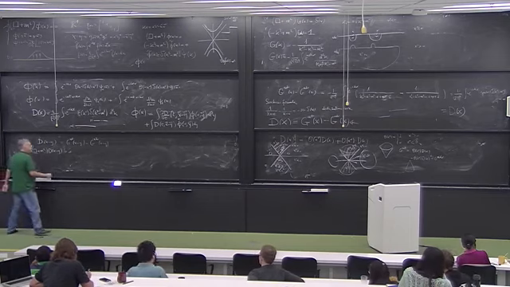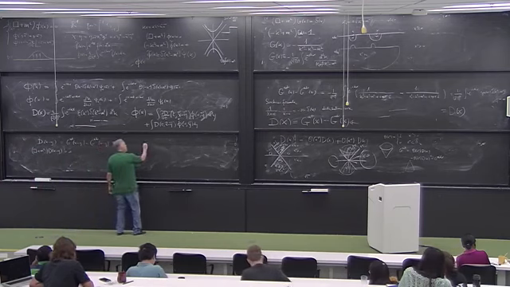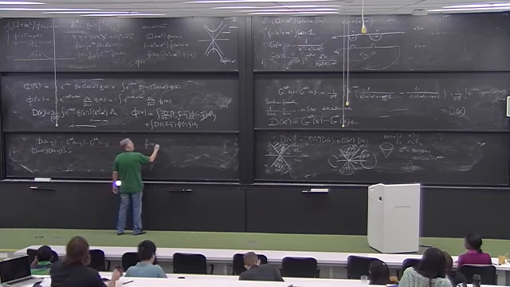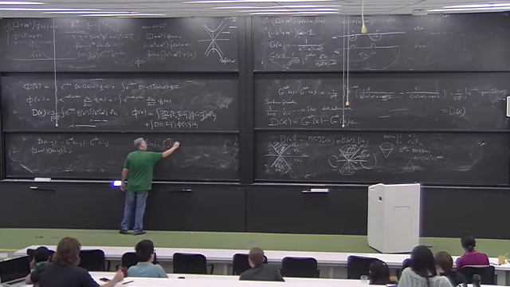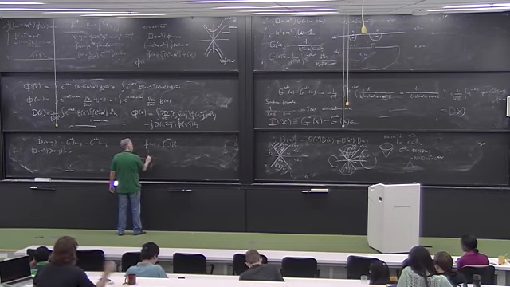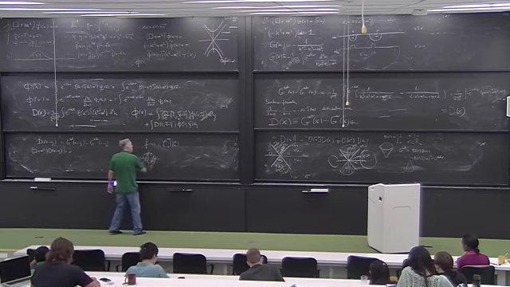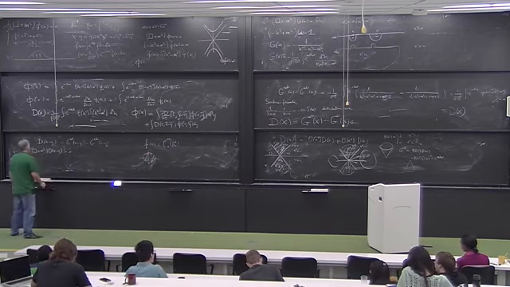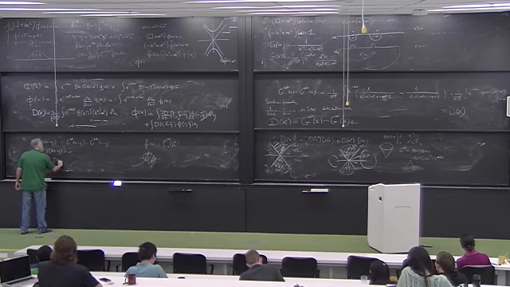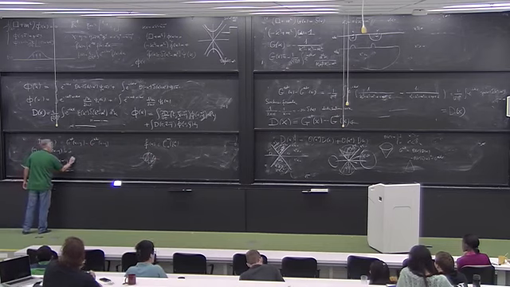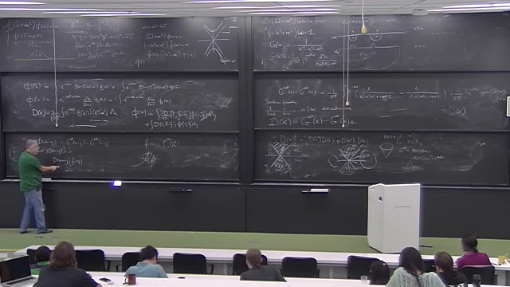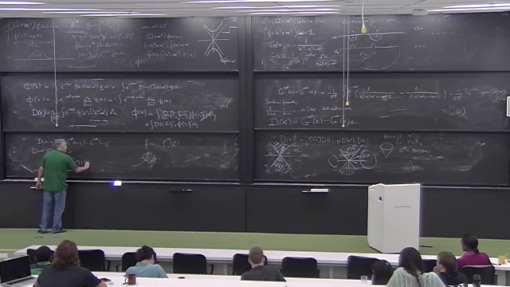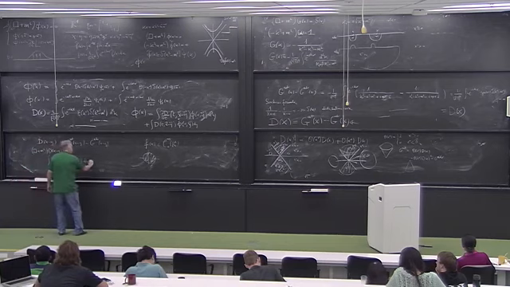So if you give yourself any function f, a function on R4 whose support is here, let's say, you can build the convolution of this function with your Pauli-Jordan function. This is the convolution product. You integrate, this integral converges. You can call this thing df.